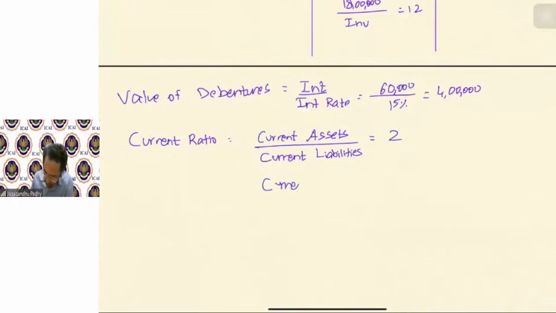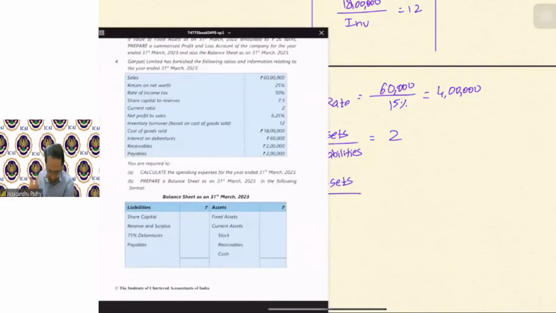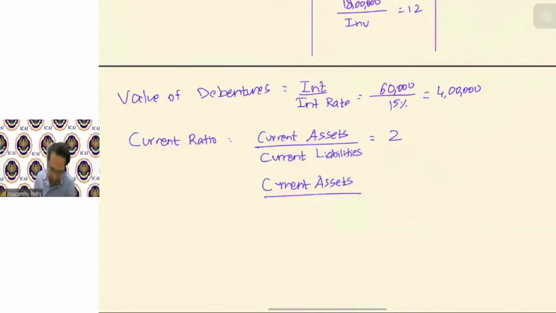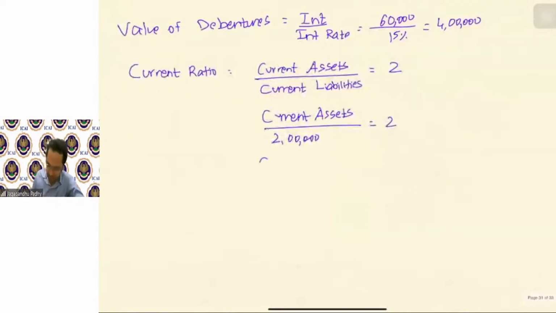So we have current assets upon current liabilities, with the payables amount being 2 lakh. So we can say current assets is 4 lakh.